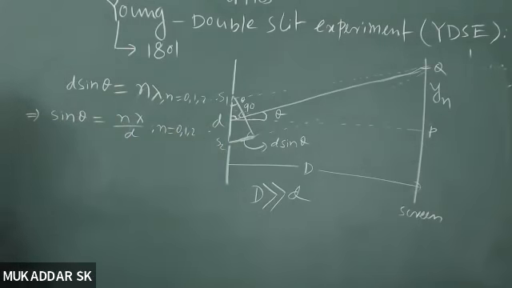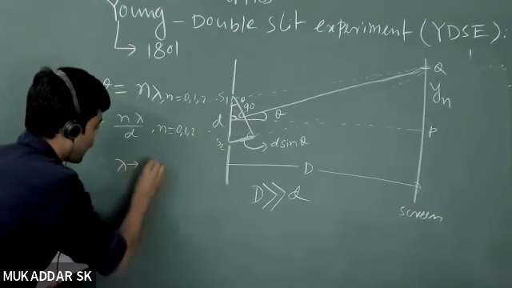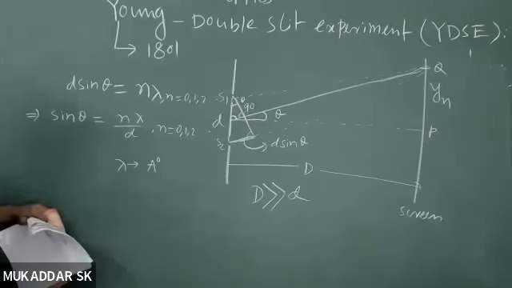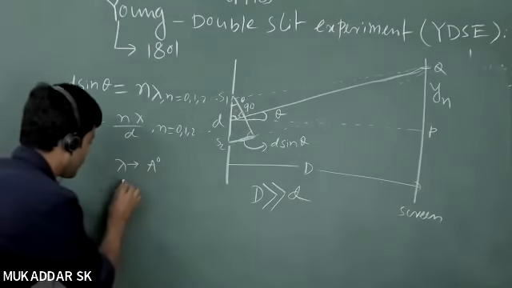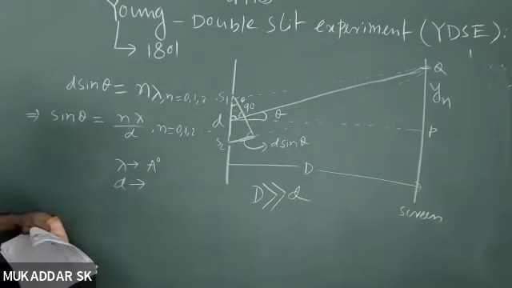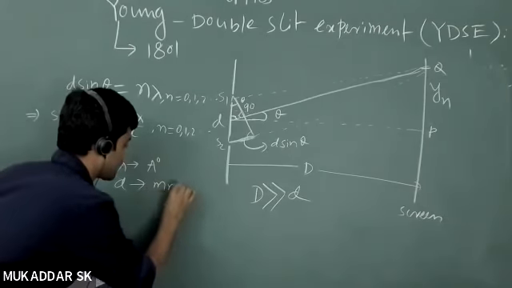Now you see, lambda is basically of the order of Angstrom. Lambda is the wavelength of light that you are using, and d is the separation between slits, which is basically in the unit of millimeter.